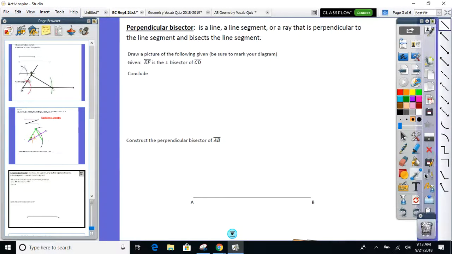So can you guys sketch for me: line EF is the perpendicular bisector of CD. So stop right there, everybody. What's getting cut in half, EF or CD, if EF is the perpendicular bisector of CD? CD. So everyone go ahead and make segment CD for me.